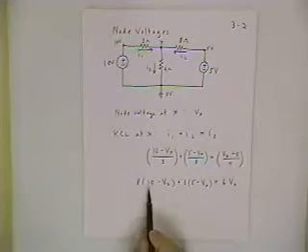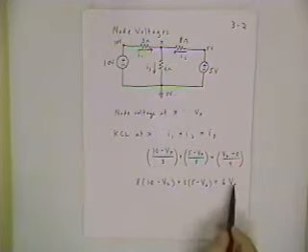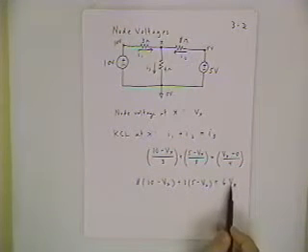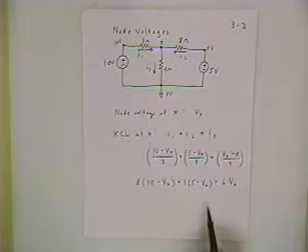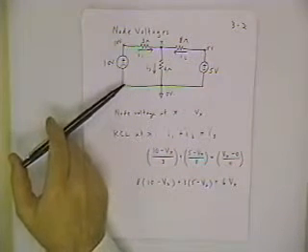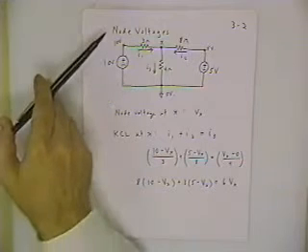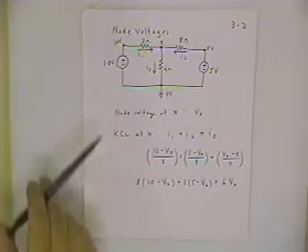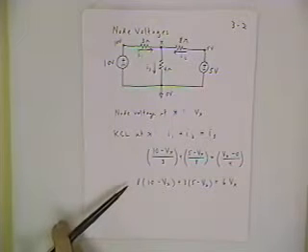And now you see what's happened is that we've achieved a single equation for the one unknown voltage V sub X. That happens to be just a simplification of solving this problem. It worked out to be easier to use the node voltage technique because now we only have one equation and one unknown.